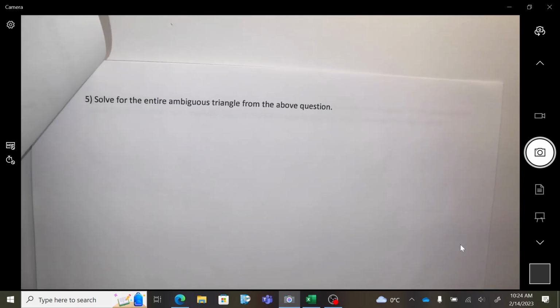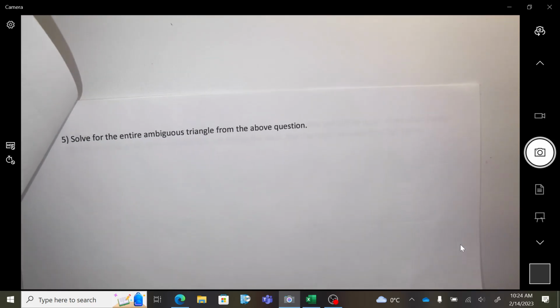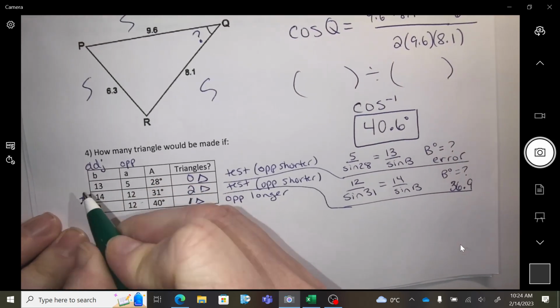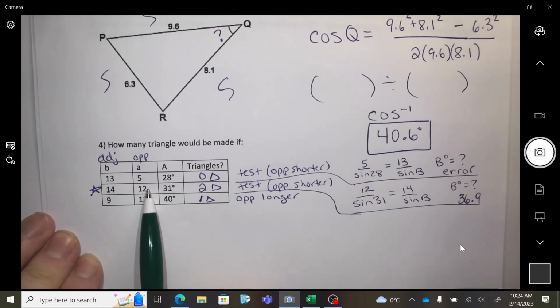Now solve the entire ambiguous case from the above question. So that was the 2 triangle case. We had a 14, a 12, and a 31.